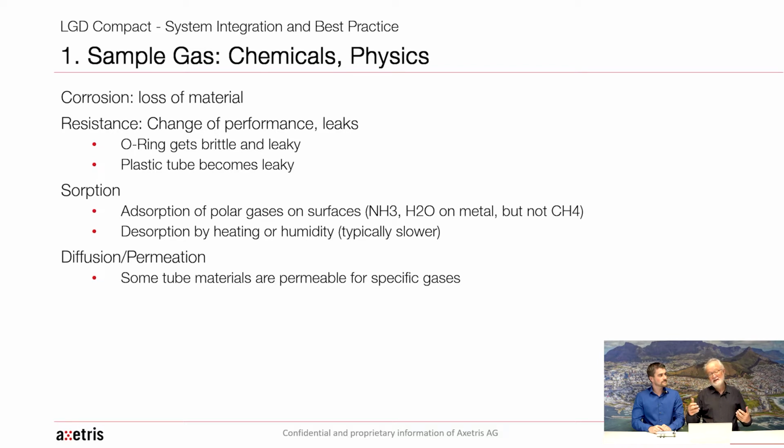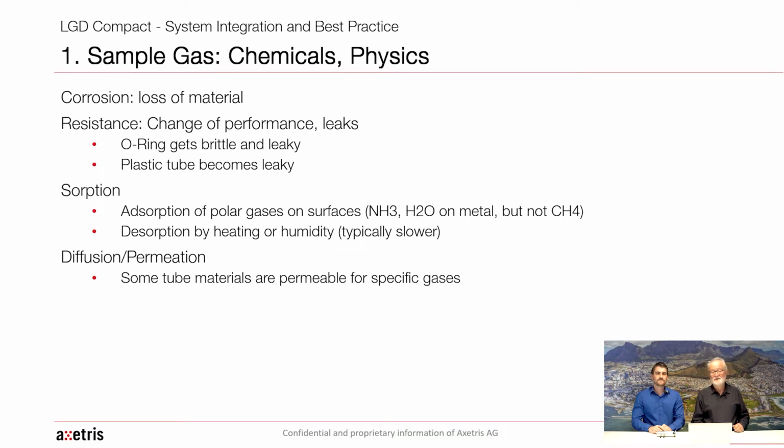So the response is kind of delayed to what you expect. And maybe later when you add some humidity to the gas, these molecules are released from the walls and you will get a huge peak. And that's reality. This is not an error of the instrument.